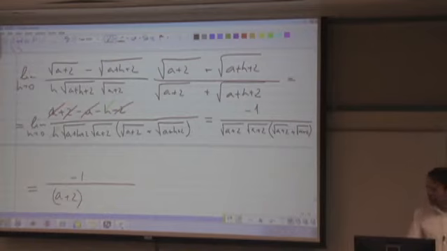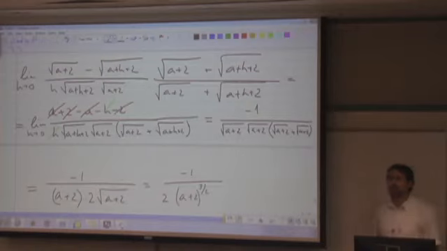What is the square root of a plus 2 plus the square root of a plus 2? 2 square root of a plus 2, right? Or in other words, you can write it as -1 over 2 times a plus 2 to the 3/2.